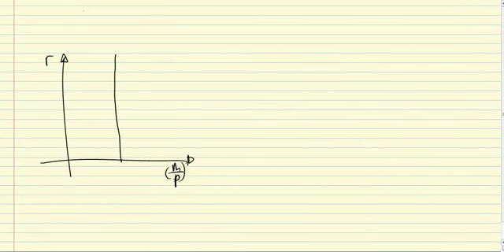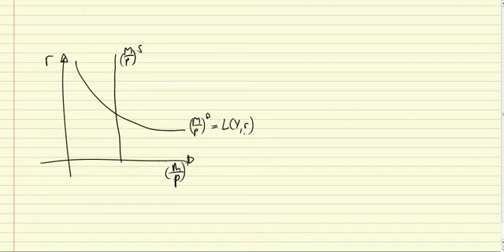So the money market is usually shown in interest rate, real money balance space. The real money supply, M over P, is exogenously determined by the monetary authorities, the central bank, and real money demand is a downward sloping function of the interest rate and a positive function of income.